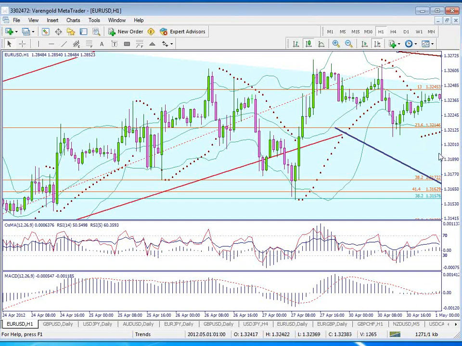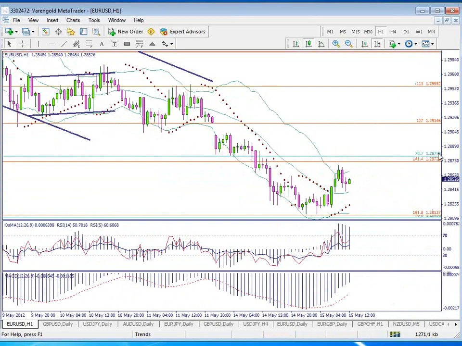If we are going into 1 hour, we can see that here was last night that signal for buy, that we also can consider to be a strong one.